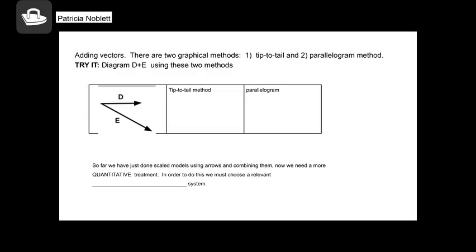All right, so we wanted to discuss two graphical methods of adding vectors together. We have covered the tip to tail method, and I also want to mention the parallelogram method. Both methods are fine for conceptually adding vectors together. With tip to tail, as we've discussed before, I draw the first vector, so I'm looking for the summation of vector E plus vector D, and then I place the tail of vector E at the tip of vector D and continue drawing.